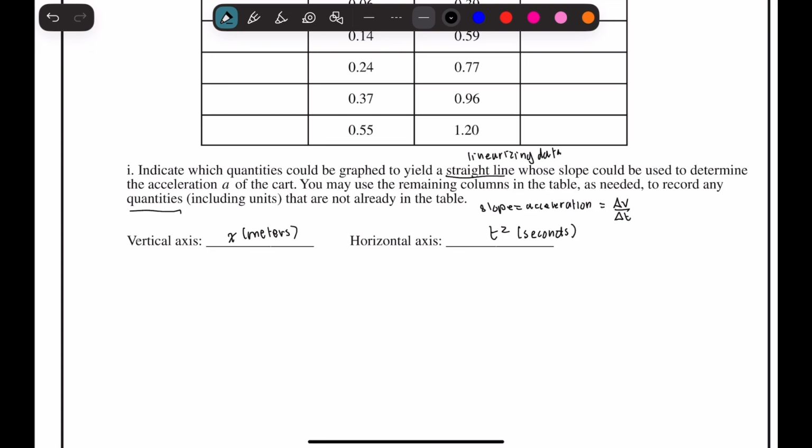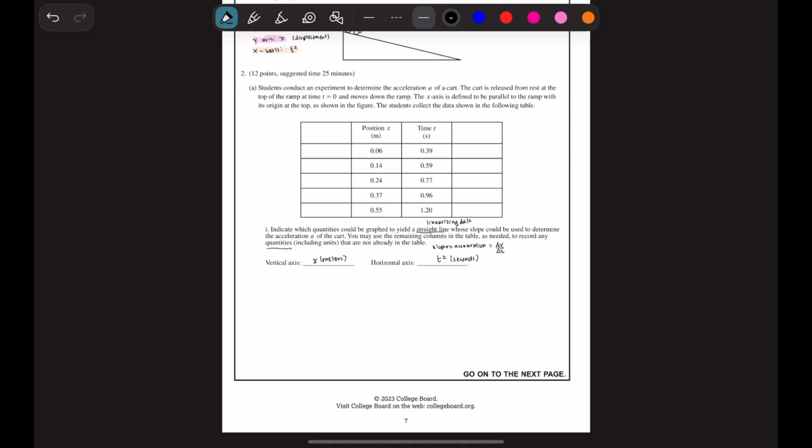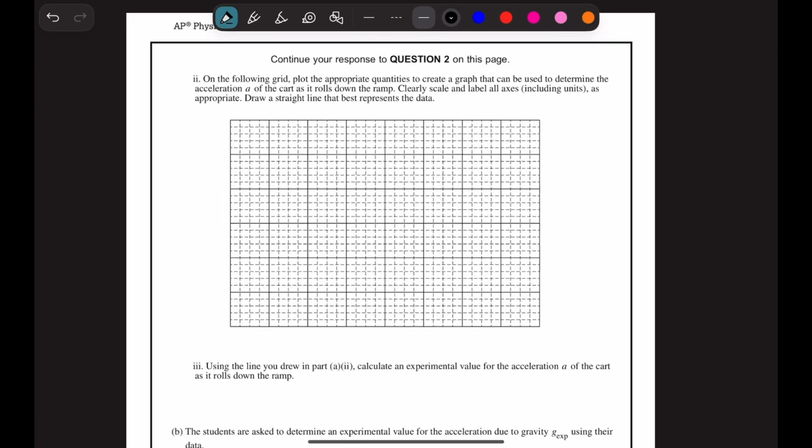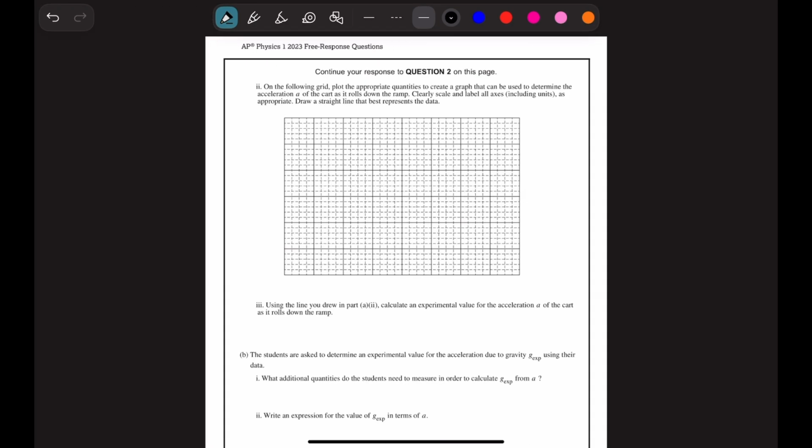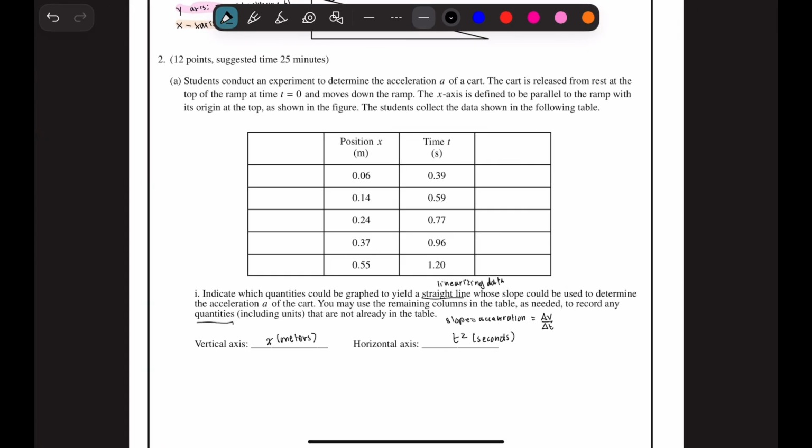Now what we have to do is plot the graph. So, on the following grid, plot the appropriate quantities to create a graph that can be used to determine the acceleration A of the cart as it rolls on the ramp. Clearly scale and label all axes using units as appropriate. Draw a straight line that best represents the data. So we have to get x and t squared.